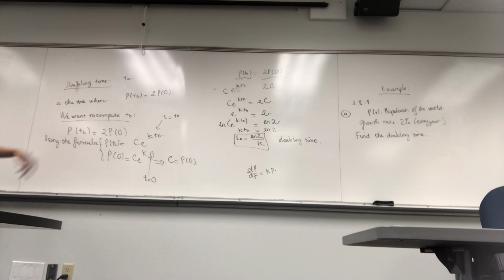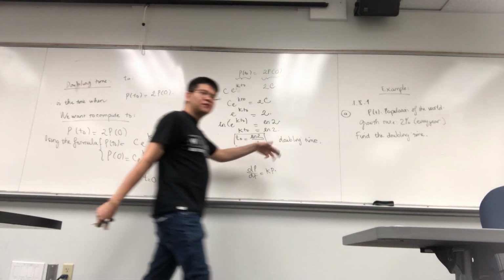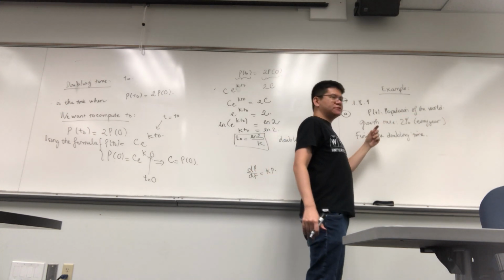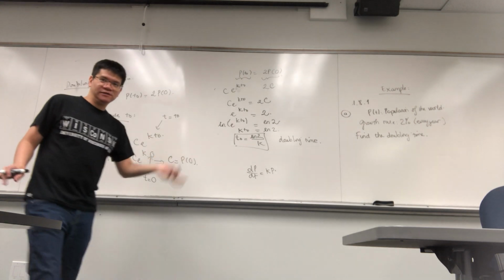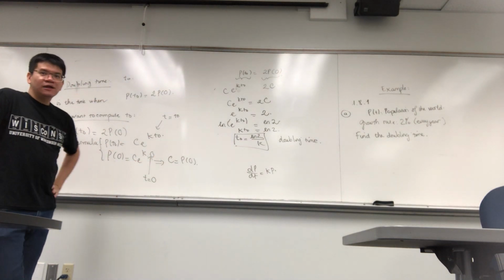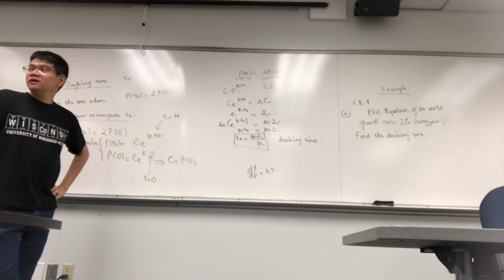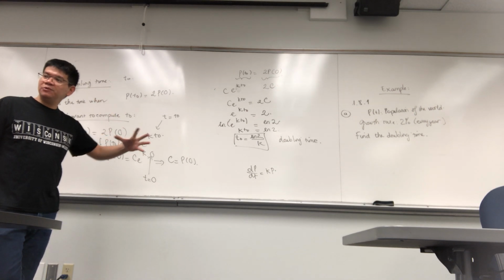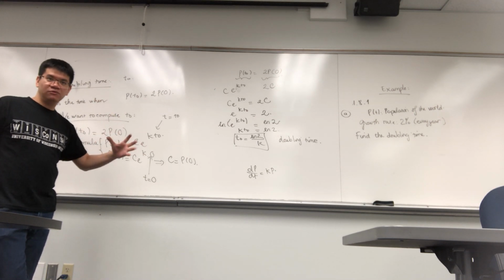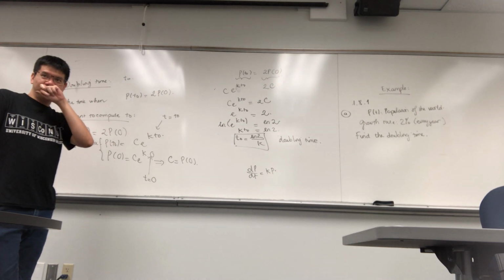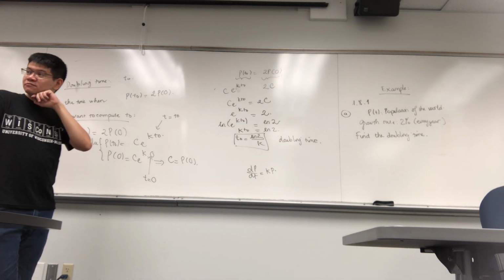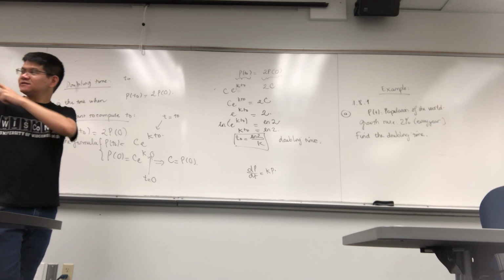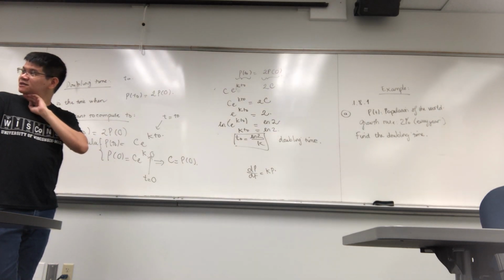So suppose that we consider the population of the Earth. P(t) is the population of the world. And suppose that the growth rate is 2% per year, which is reasonable. Now you want to find the time for which the population of the Earth is double. So what is this time? Is it ln of 2 over 0.02? Yes.